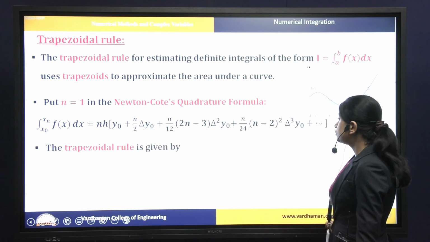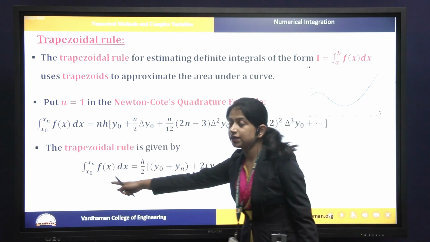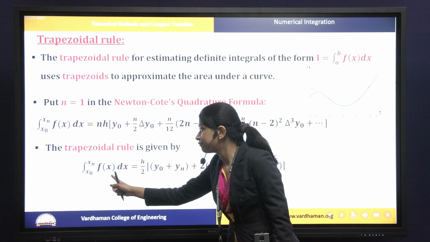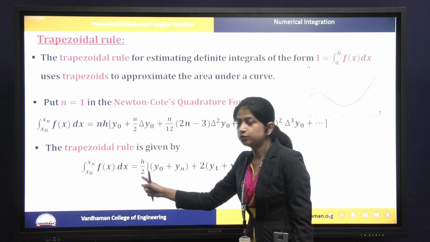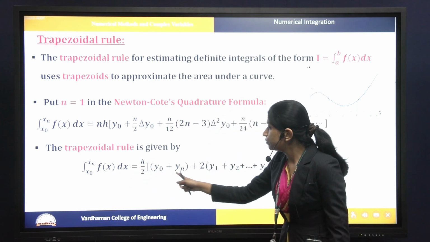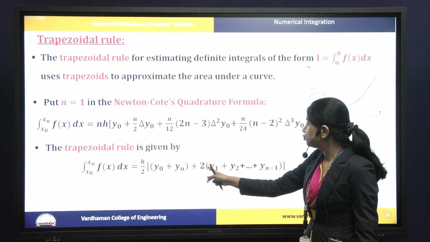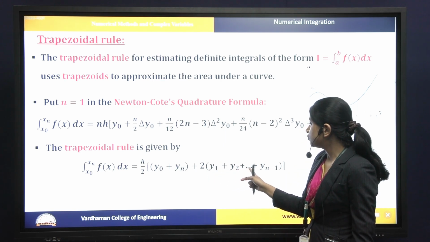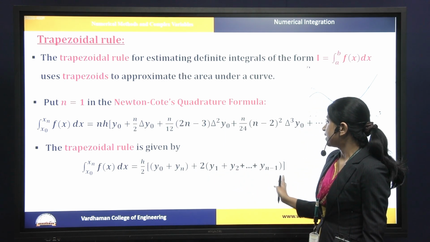So the trapezoidal rule is given by integration x0 to xn f of x dx is equal to h by 2 [y0 plus yn plus 2 into (y1 plus y2 plus so on plus yn minus 1)].